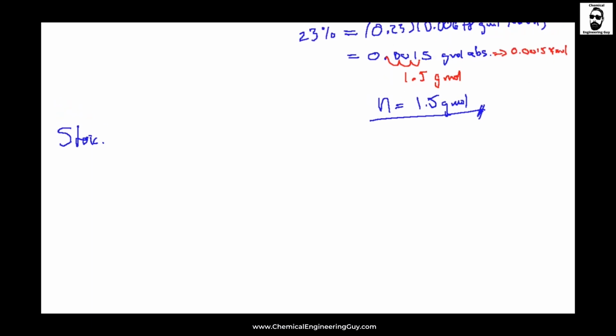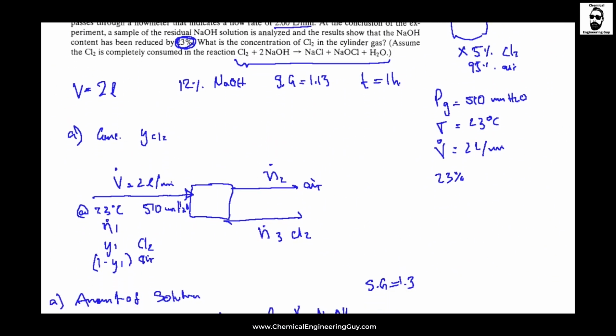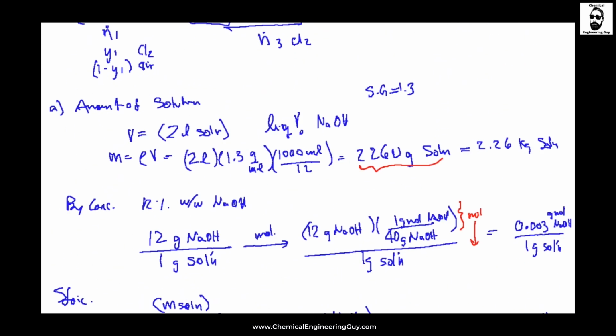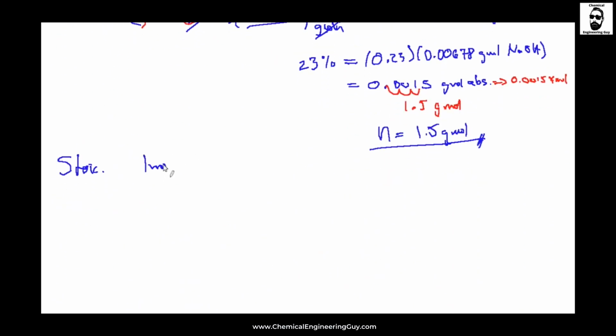So let me go very fast to the equation. And what I want to see is how many moles will give me that here. Chlorine, where is it? Oh yeah. So I need 1 mole of chlorine for 2 moles of NaOH. But what is this?